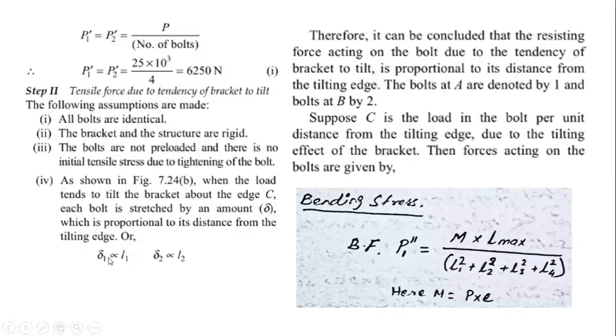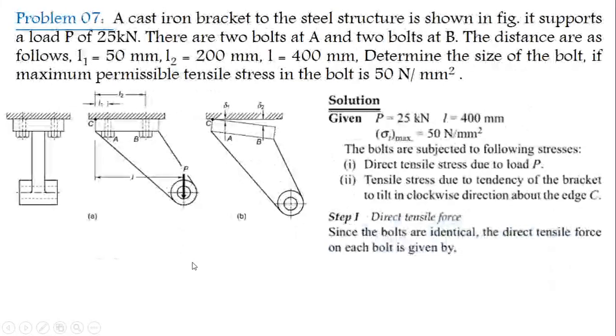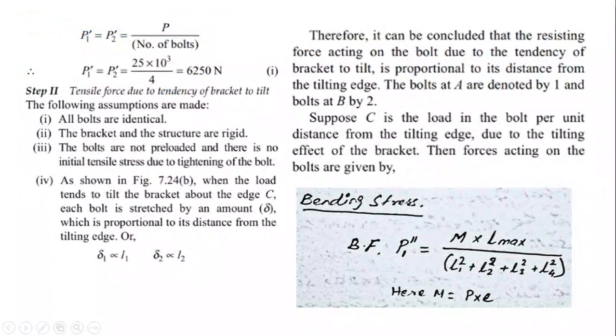Here, delta 1 is directly proportional to L1, delta 2 is directly proportional to L2. That means displacement is directly proportional to the L1.